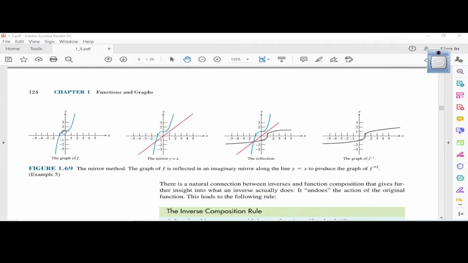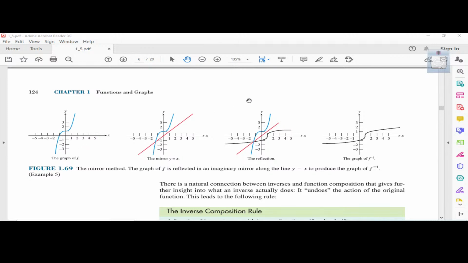So let's see an example that we were given here. I have this cubic line. Apparently this is a cubic function. The cubic function is shown like this.